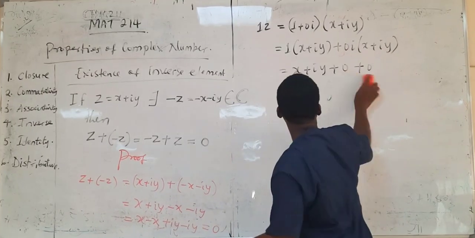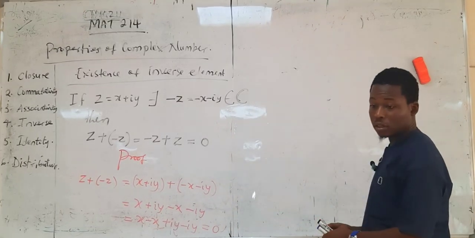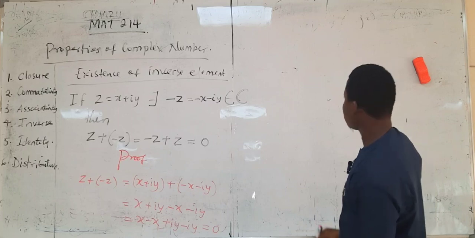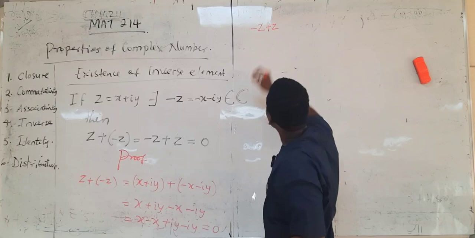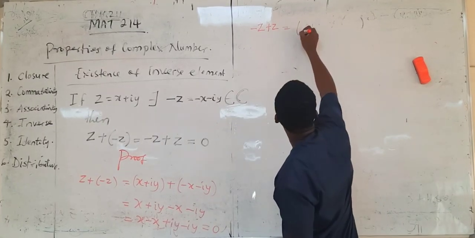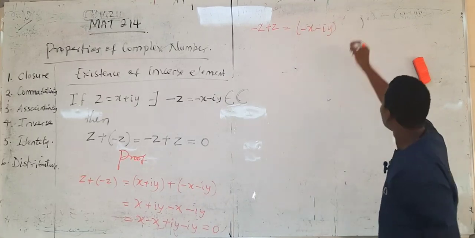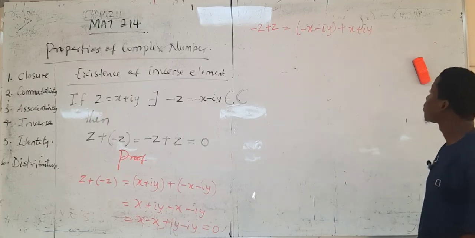Similarly, we have that minus z plus z is equal to minus x minus iy plus x plus iy.